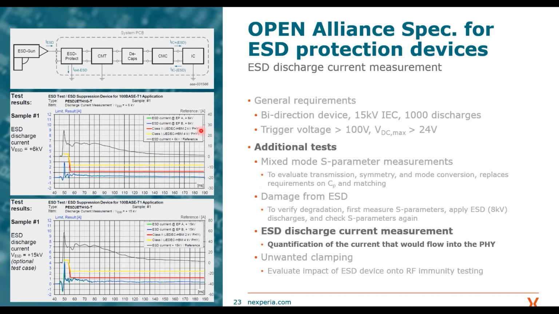Therefore, you see here the plots. The real currents are shown over time, and also some limits are shown here, which you are not allowed to exceed. There are basically two limits, taken from the JEDEC norm of the human body model for 2 kV PHYs and 4 kV PHYs.